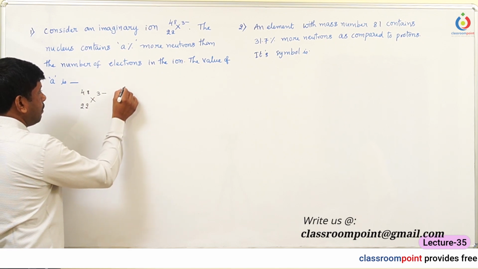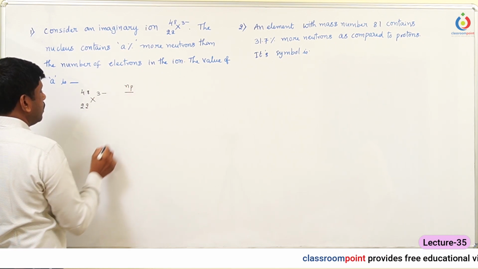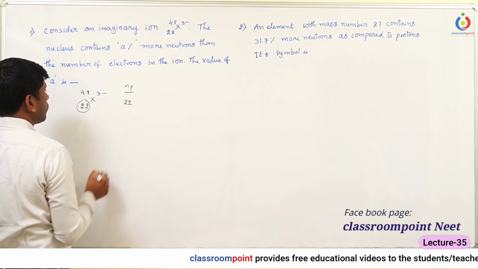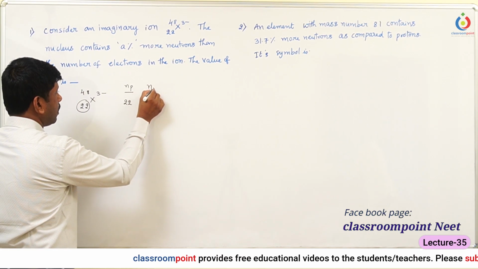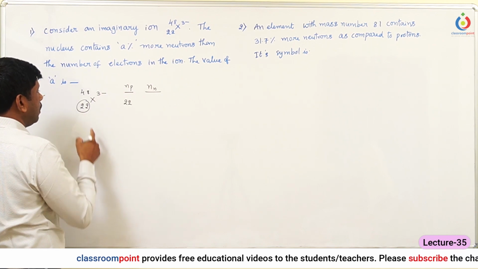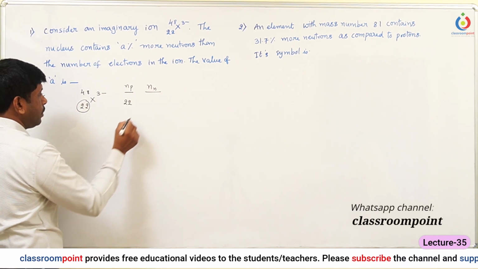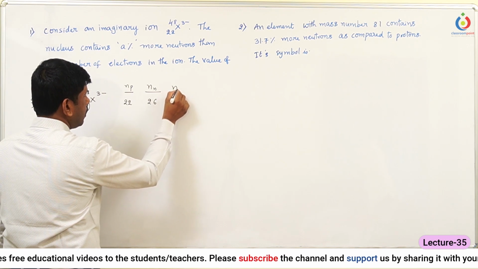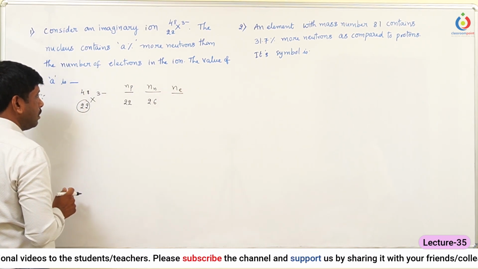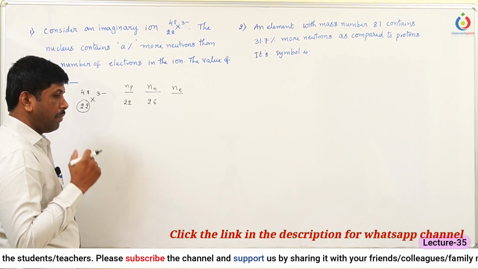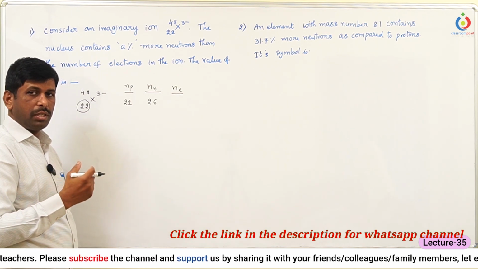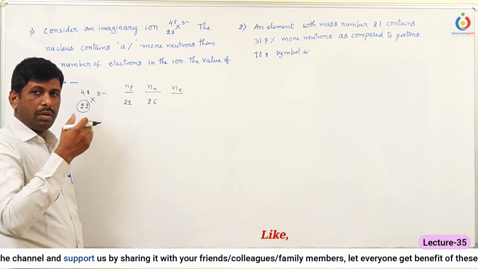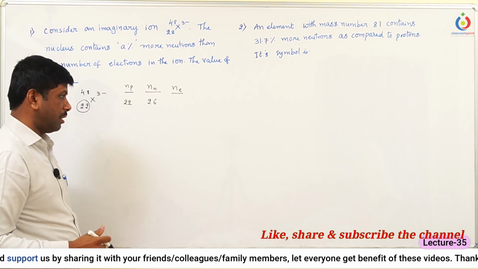Let's write down the number of protons here. Number of protons equals 22. Number of neutrons, 48 minus 22, equals 26. Number of electrons: for a neutral atom it is equal to the number of protons. For a negative ion, number of protons plus the extra charge.